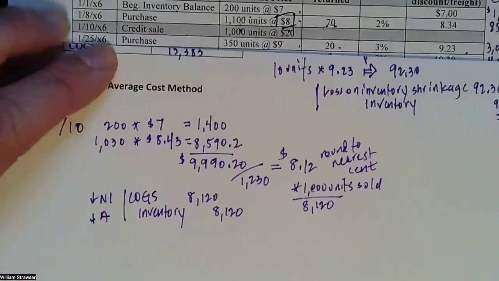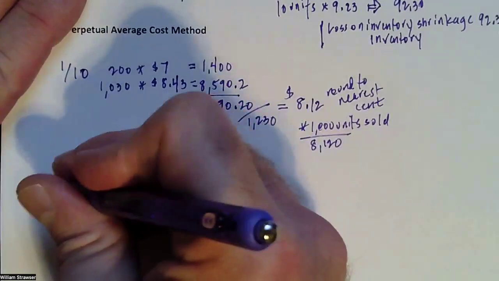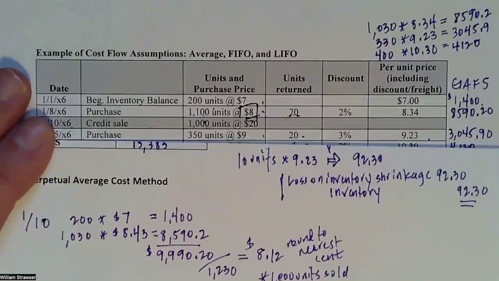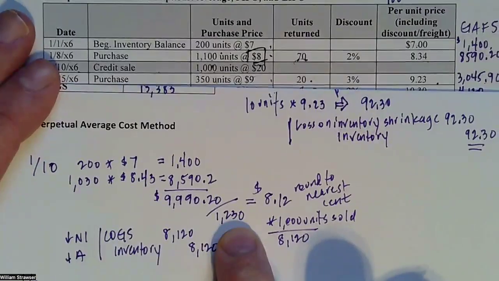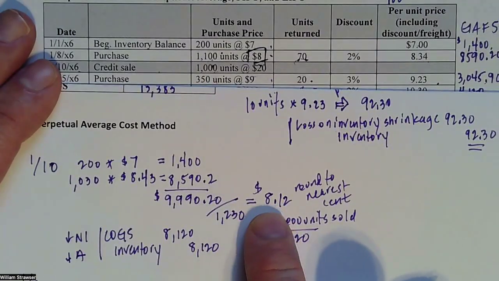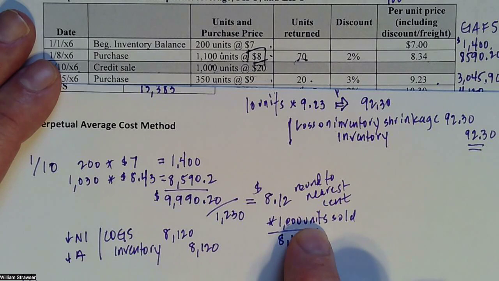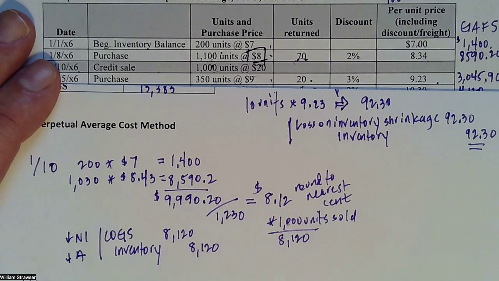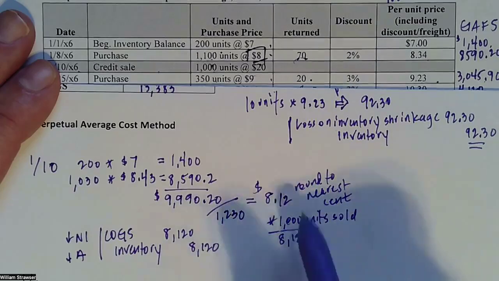Okay. Now on 130, we got a couple more. We got one other little hiccup coming in because we had 1,230 units at $8.12. I sold 1,000, but there's still 230 units, and those 230 units had an established average price of $8.12.